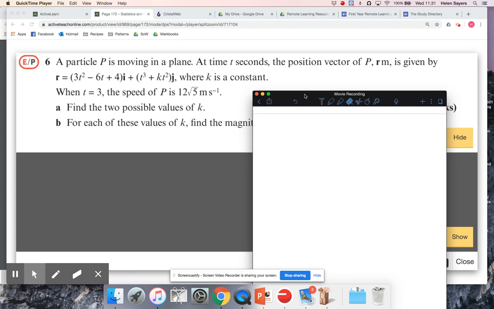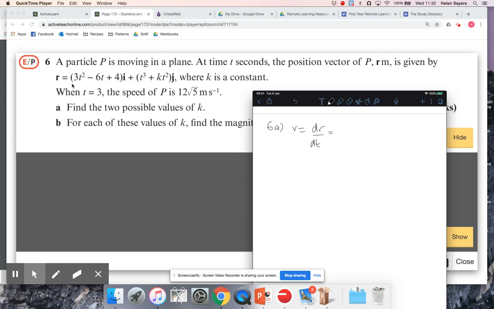So if they ever ask for speed or velocity, and you're given a variable displacement, that's going to involve differentiating. If I differentiate the position vector, I'm going to get velocity. Quite straightforward differentiating.